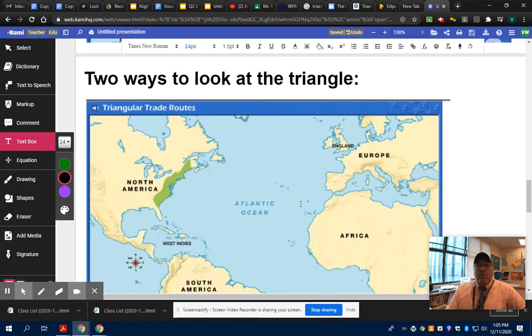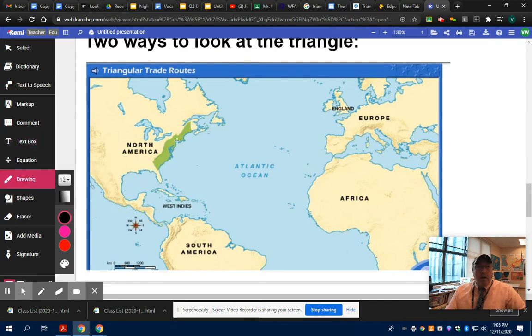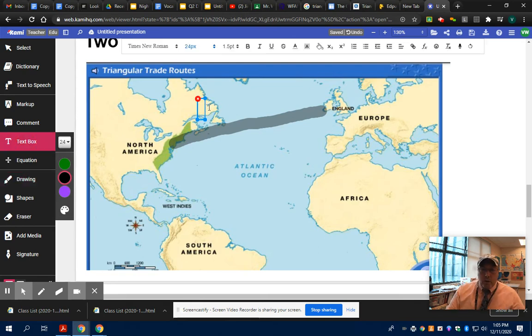And so they start to enforce a system like this, where the colonies then had to trade directly with England. And in here would go your raw materials going from the colonies to England.